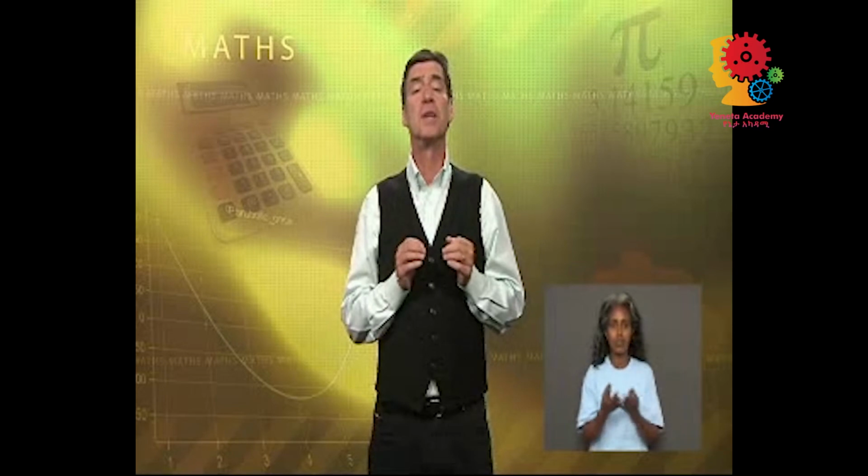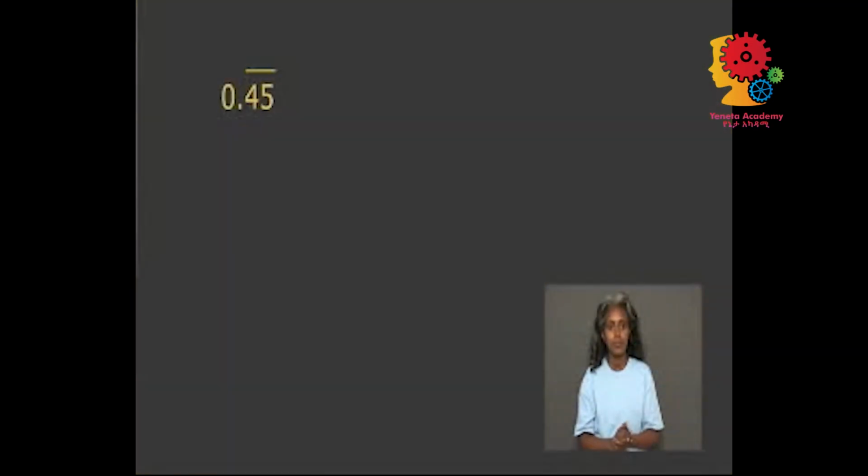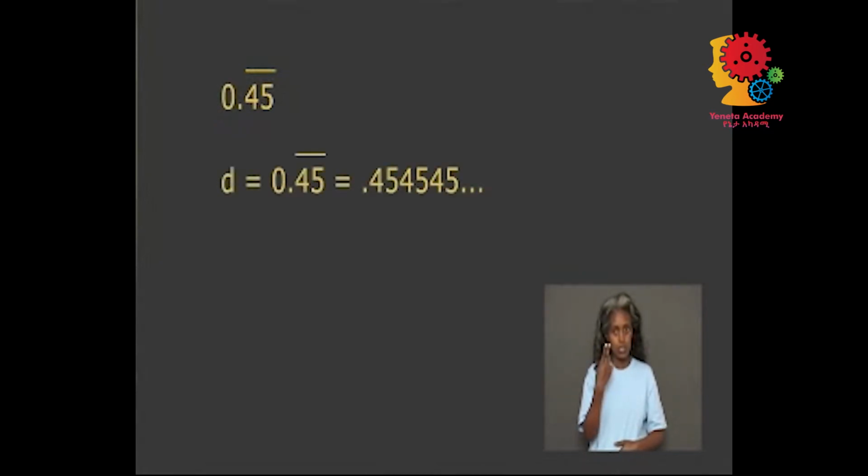Repeating decimals can also be expressed as fractions. Take the repeating decimal 0.45, for example. We will use the letter D to represent the repetend.